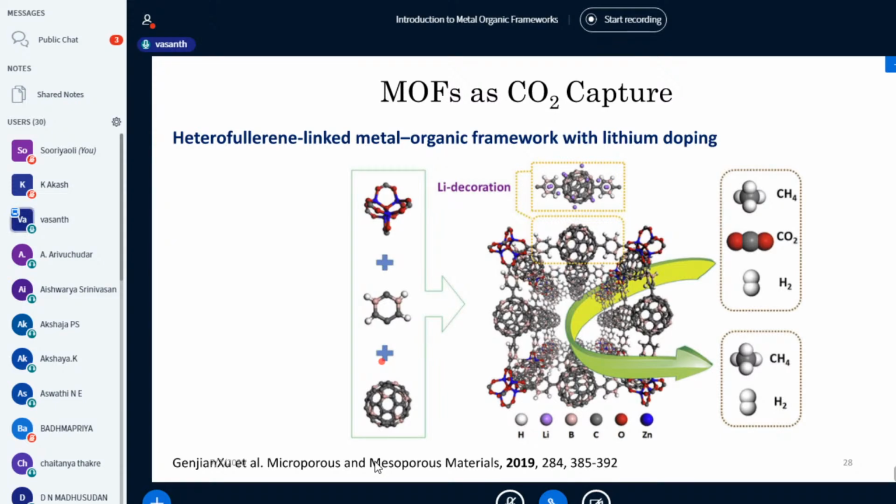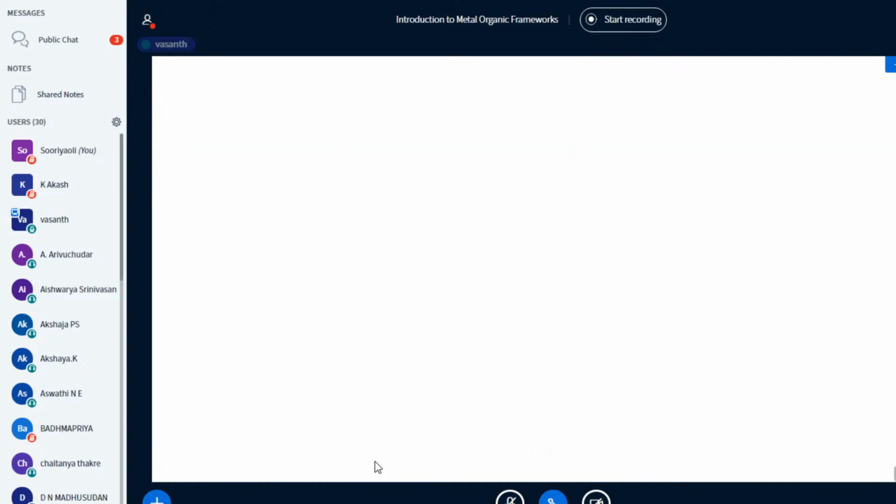It can selectively absorb just carbon dioxide, and if needed, it can be converted into methane, which is called a fuel. So it can be converted into its useful form also. If it is not converted, it can be stored also.